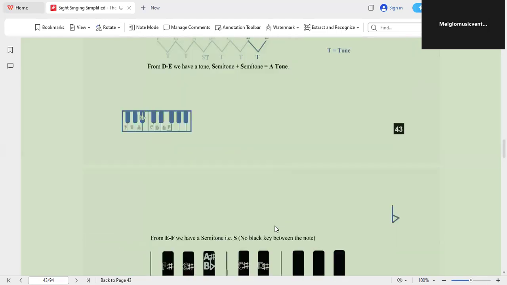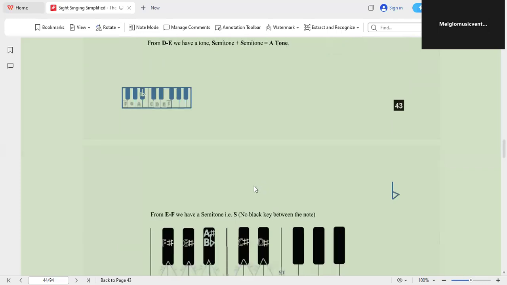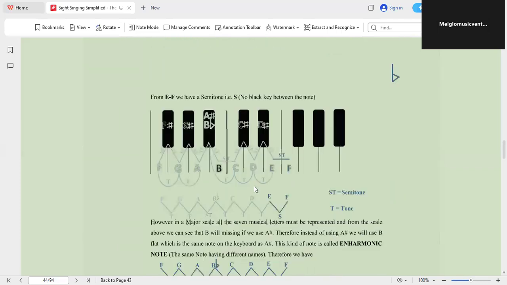And this conforms to the tone, tone, semitone, tone, tone, tone, semitone of the major scale pattern. And what we need next is our final semitone, and that is from E to F.